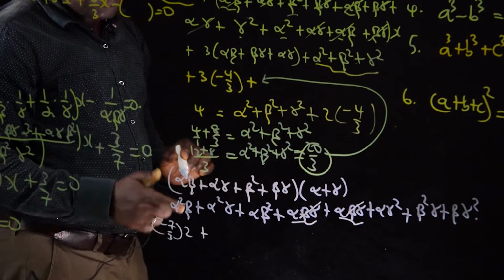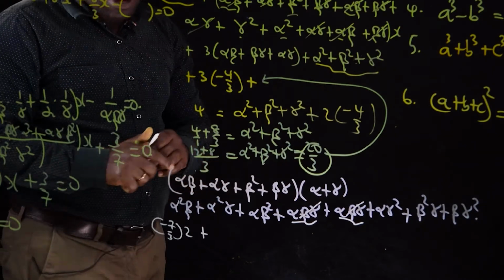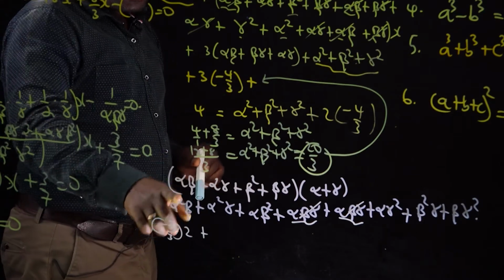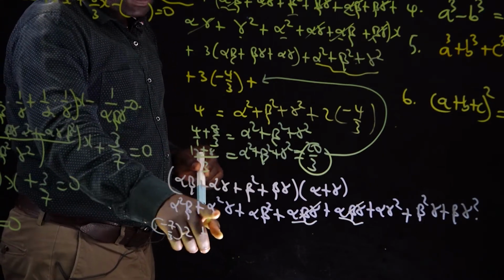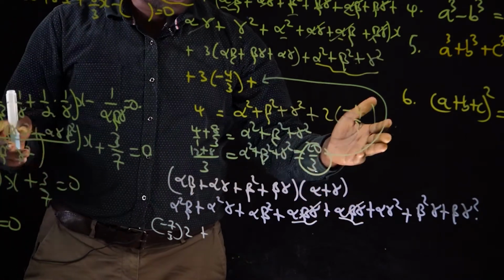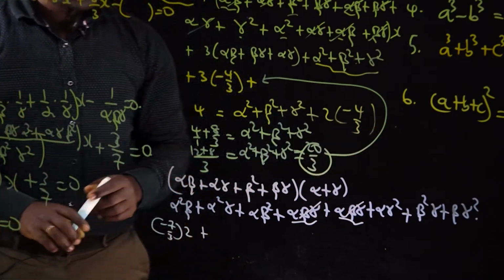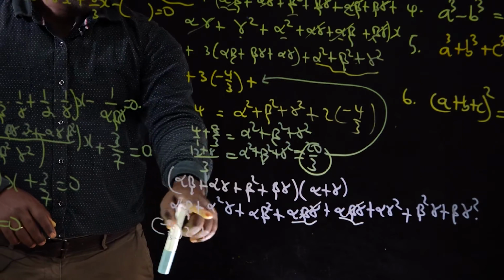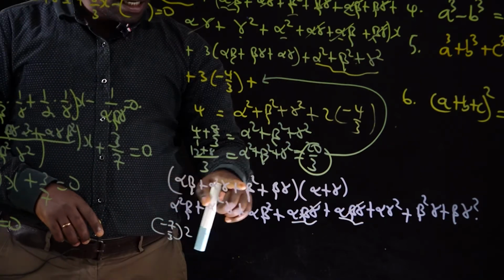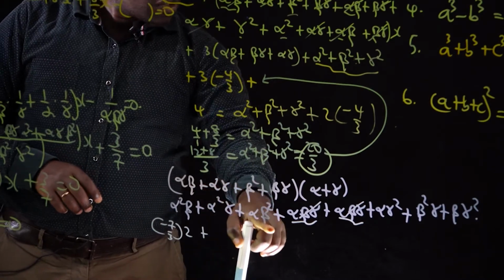Wherever there exists a part with alpha, we check which one is supposed to be written as condensed outside. Here we have alpha square beta, alpha square gamma. Do we have another term with that? Let's look at another term, beta square.